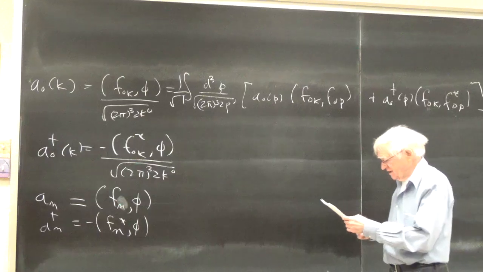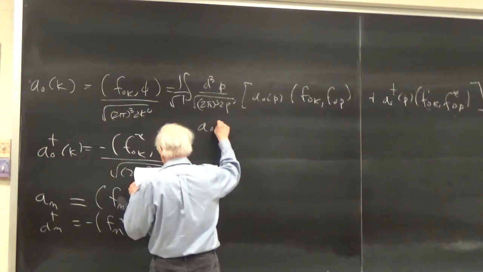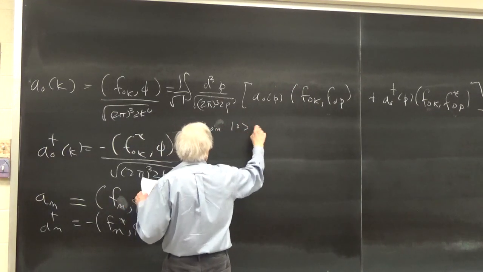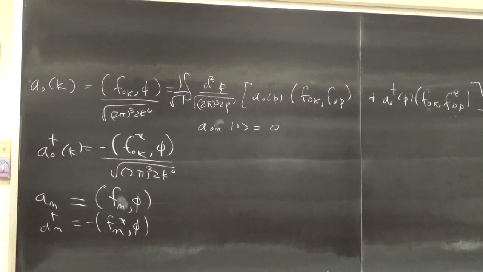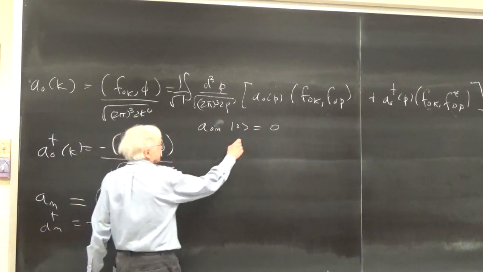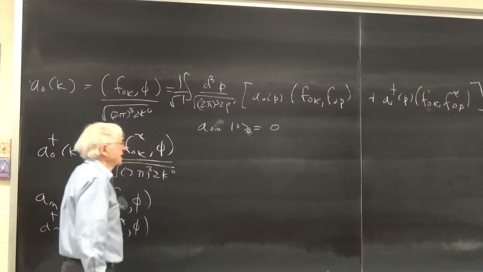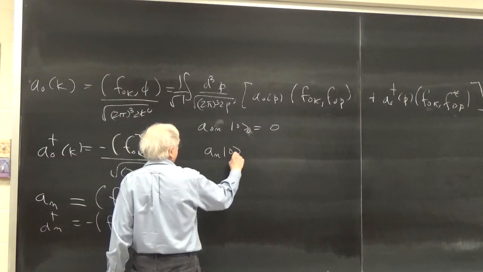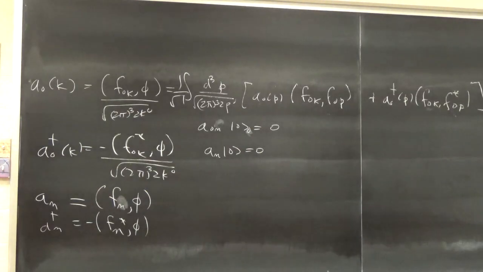But here's the interesting thing. We're defining the ordinary vacuum, as we usually do, by saying that it's annihilated by all the flat space annihilation operators. So I'm going to use this notation. And similarly, we'll define the curved space vacuum by saying it's annihilated by all the curved space annihilation operators.